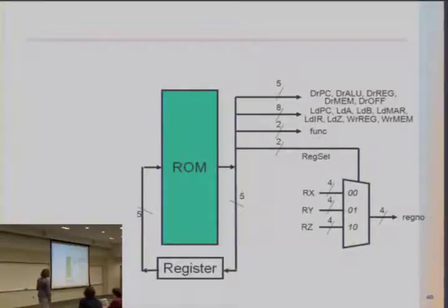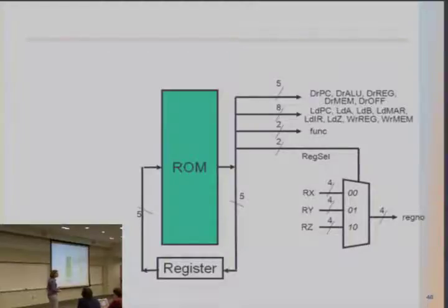And now, before we had the 4 bits here called register number. Now we have actually only 2 bits, which are the register selector, to determine which of these registers is going to be written into the register file. Does it make sense?